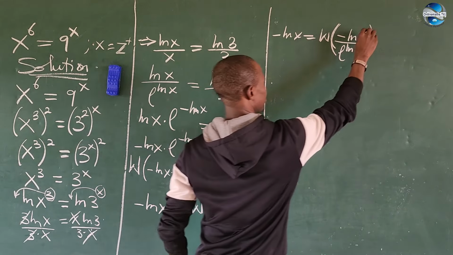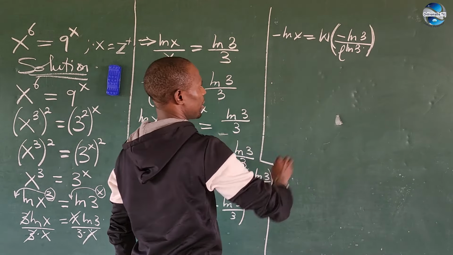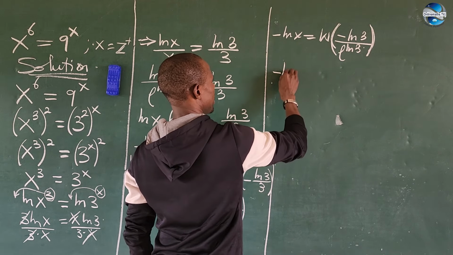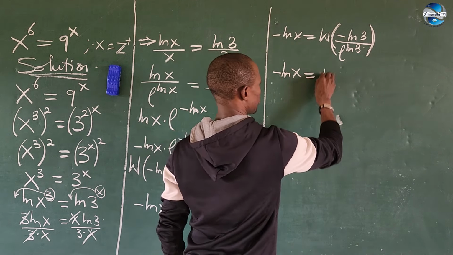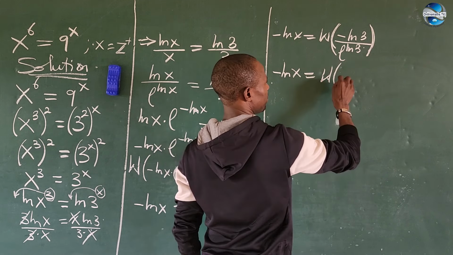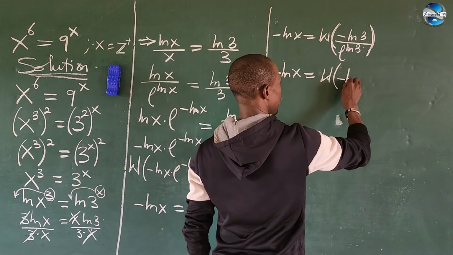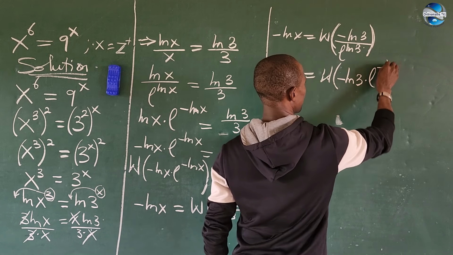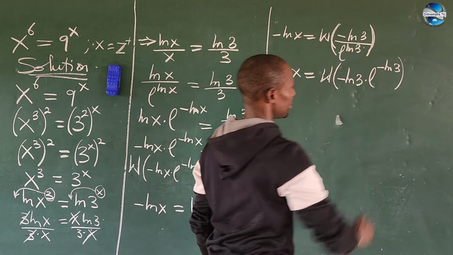Okay, let me cover this well. If we remove this division sign, we end up having minus ln of x is equal to the Lambert W function of minus ln of 3 dot e to the power of minus ln of 3.